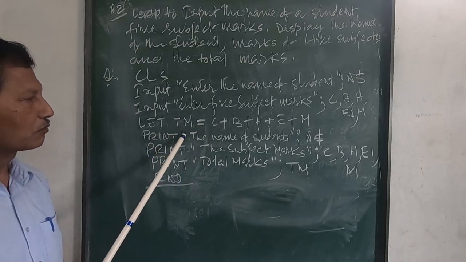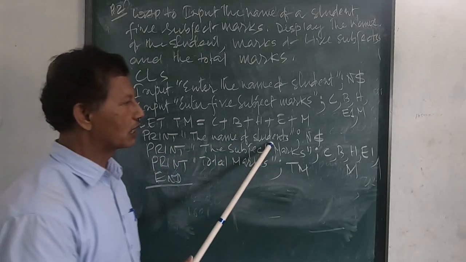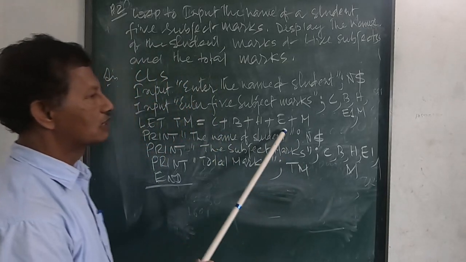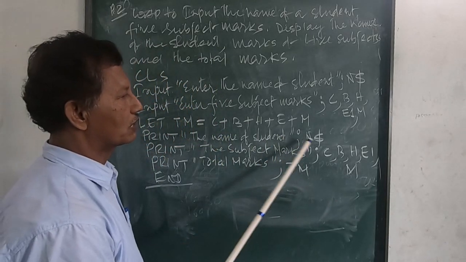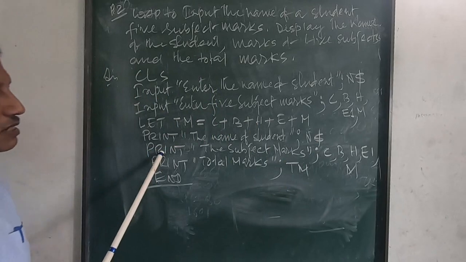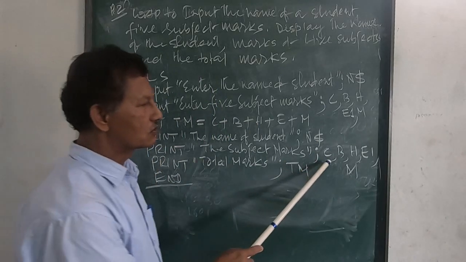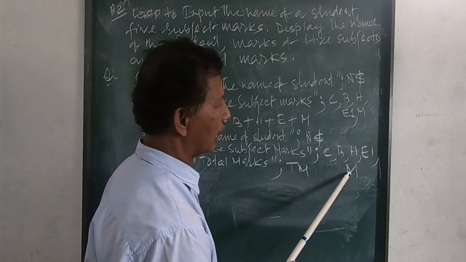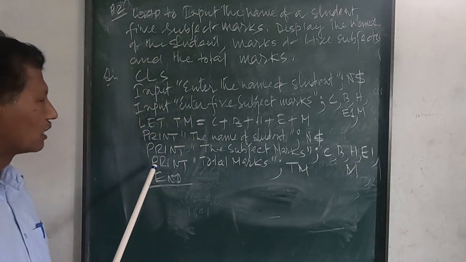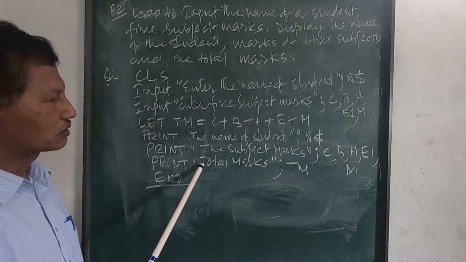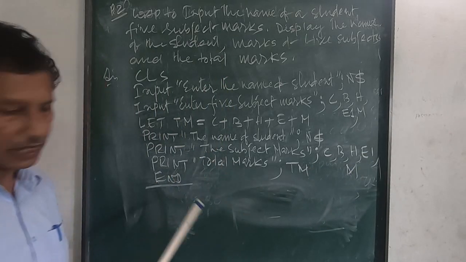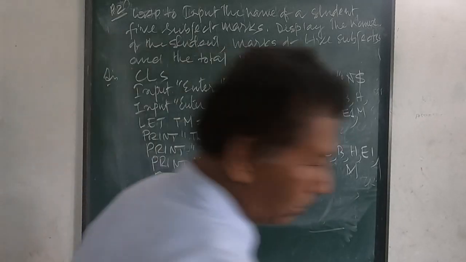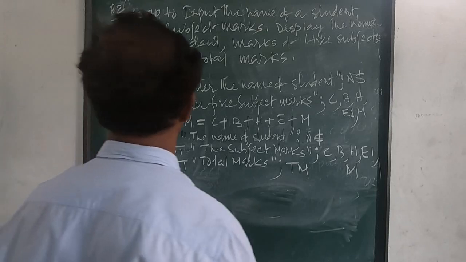So print in double quotes the name of student, followed by a semicolon and N$. Next you write print the subject marks C, B, H, E and M. Then I write print the total marks, that is TN. Here is the output of the program you see now. When you run the program, what happens in this case?